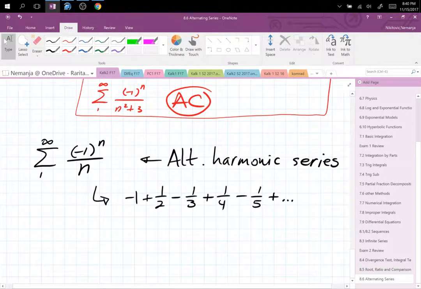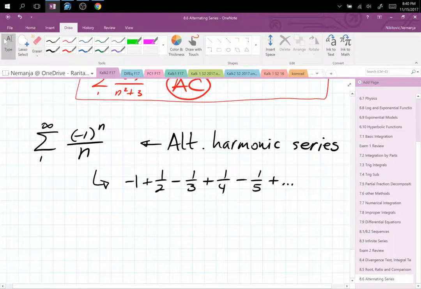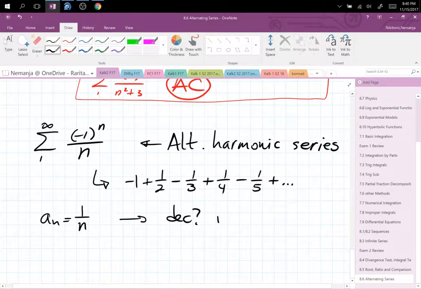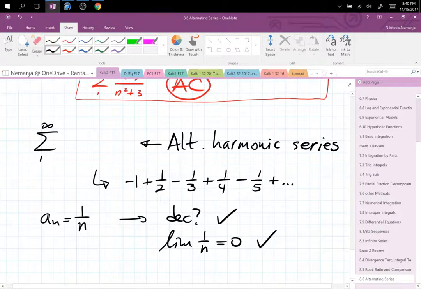Now let's take a look at alternating ones. We know that an is 1/n. Is it decreasing? Sure. And the limit of 1/n is 0. So it passes both conditions. What does that mean?